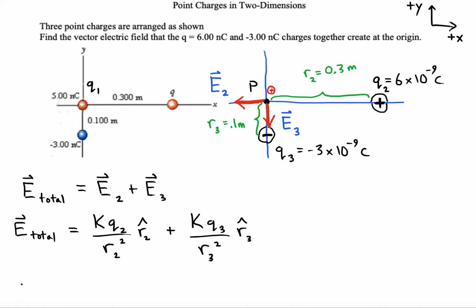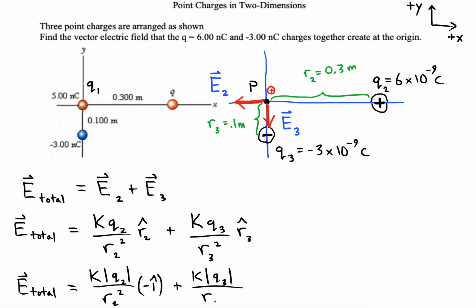If I want to use that knowledge here, I can just write k times the absolute value of Q2, and then we'll just put the direction that we see in the picture, negative i hat. I can do the same thing for Q3. And it's in the negative j hat direction.